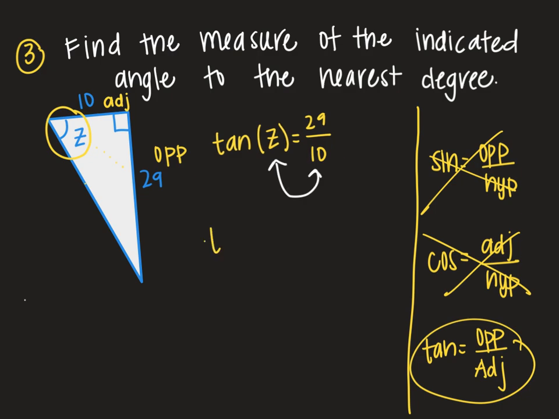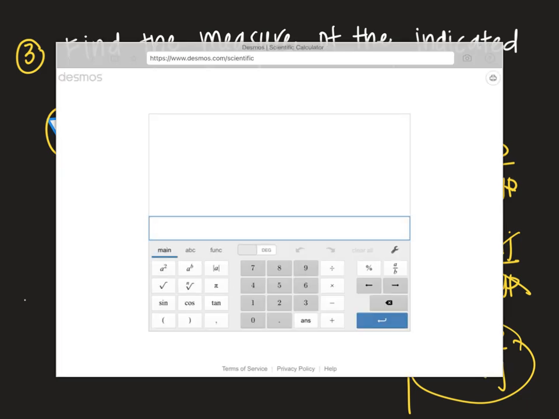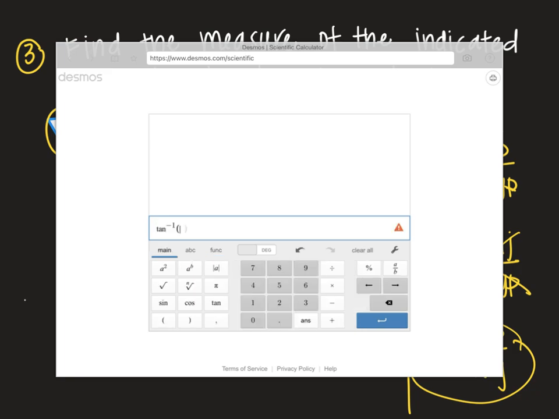So I have inverse tangent of 29 over 10 equals my angle Z. Now, plugging this into the calculator, going back to Desmos, click function to get to my inverse functions, use tangent inverse, go back to the main keyboard to type in my fraction, 29 divided by 10, and I get 70.9 as my answer.